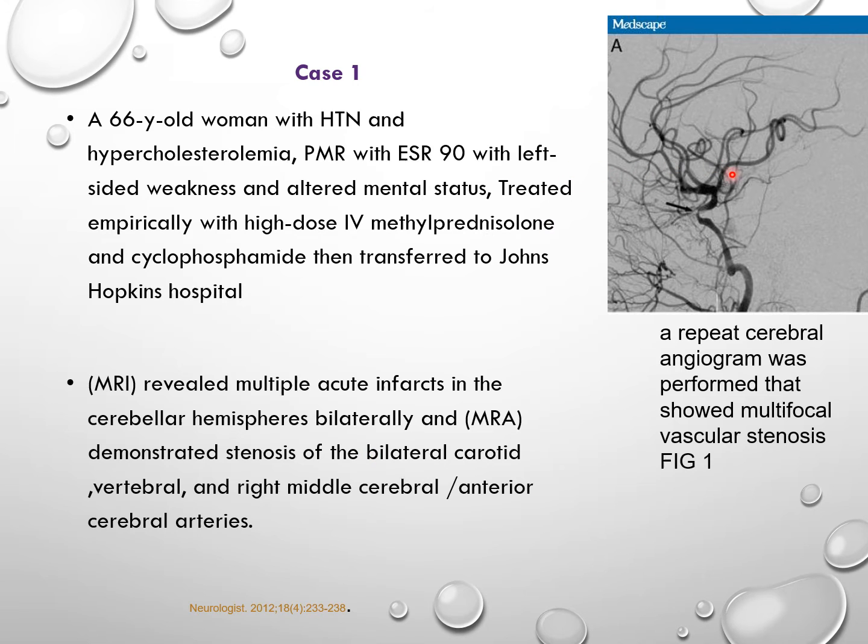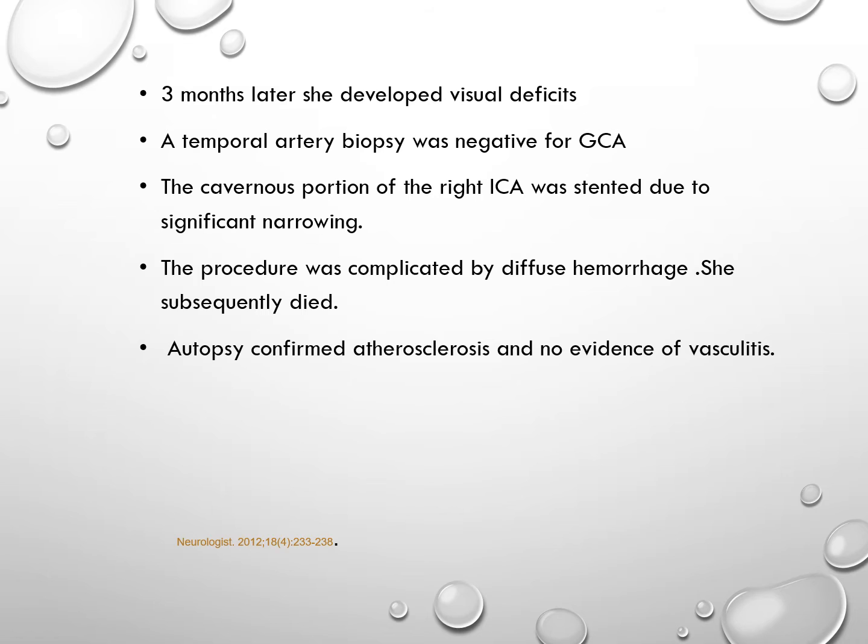These areas were seen mainly on the cerebral angiogram, mainly in the extension of the carotid artery and the intracranial segment of the carotid artery, as well as the middle and anterior cerebral arteries.